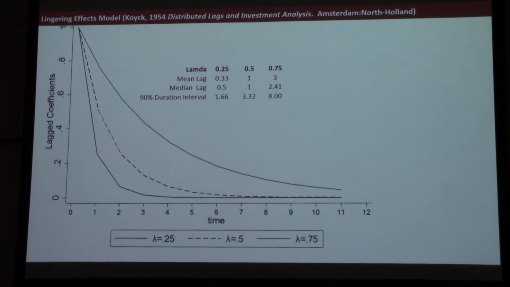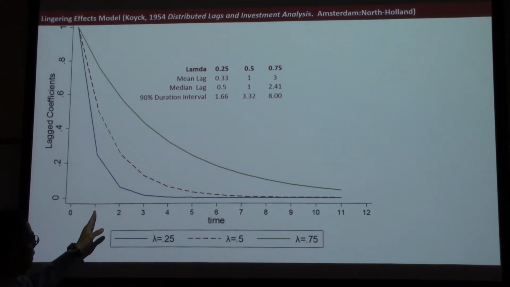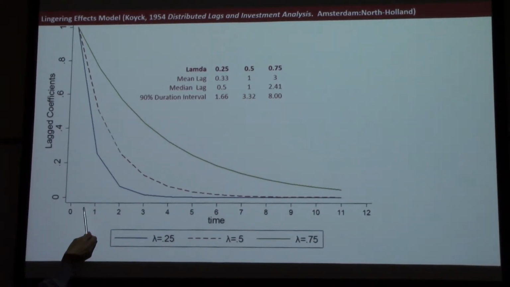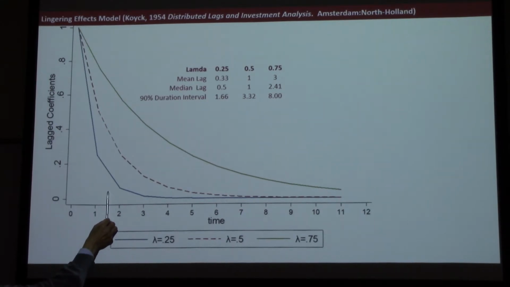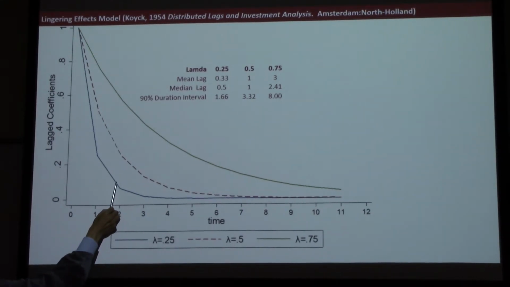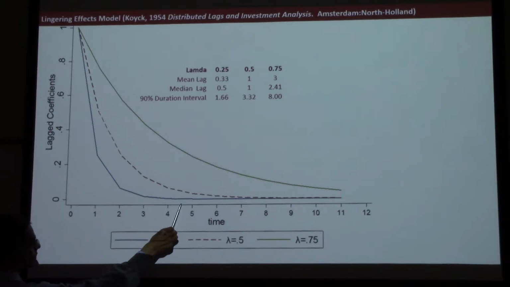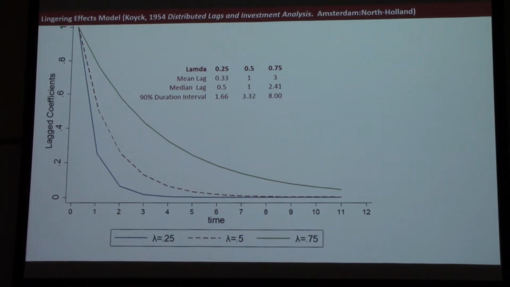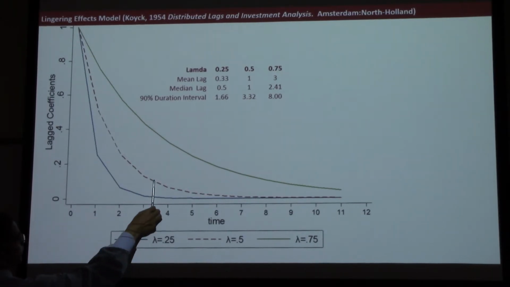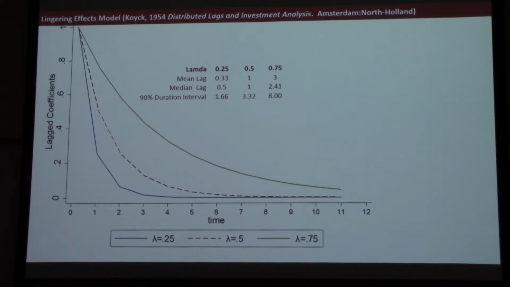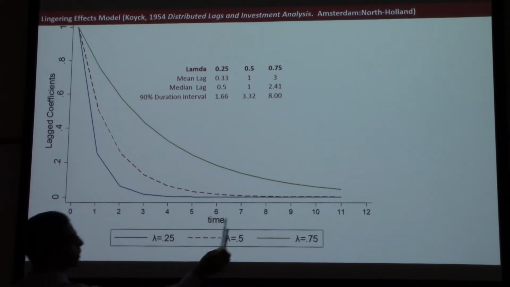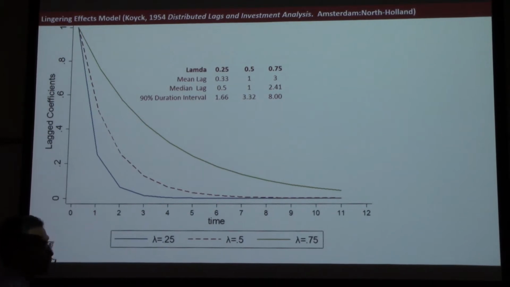So what you can see is, with a lambda of 0.25, 90% of the effects of advertising is realized after 1.6 or so periods. After that, it gets smaller and smaller. With a lambda of 0.5, 90% is realized after 3.3. And with a lambda of 0.75, 90% is realized after 8 periods.